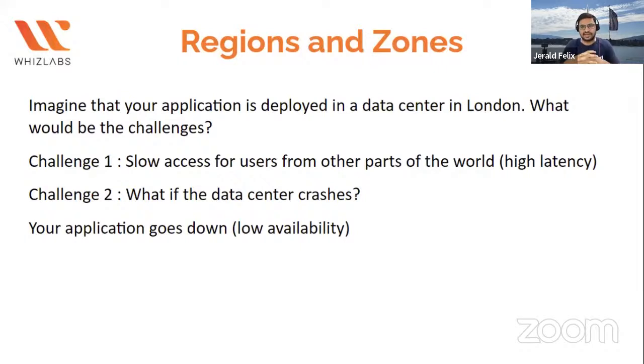So a region is nothing but a geographical area on the planet that contains at least one but potentially multiple data centers that are nearby and networked together with a low latency network. It's an area where you deploy the data centers, but the data centers have dedicated network and dedicated electricity, and it helps us to access the services in a low latency way.